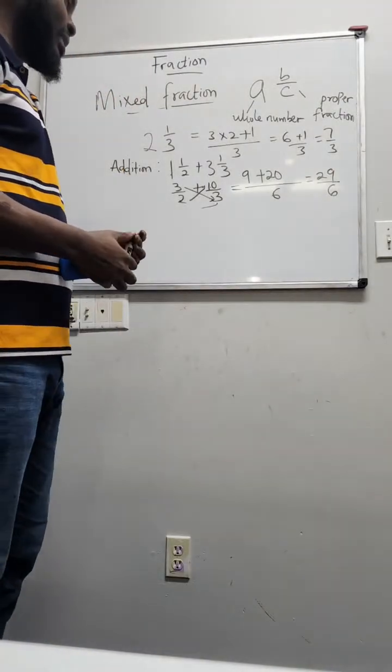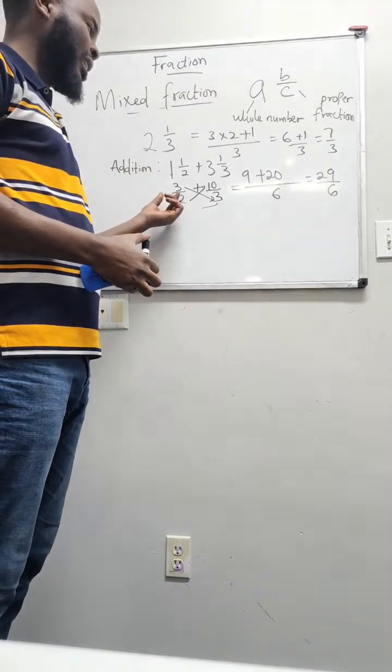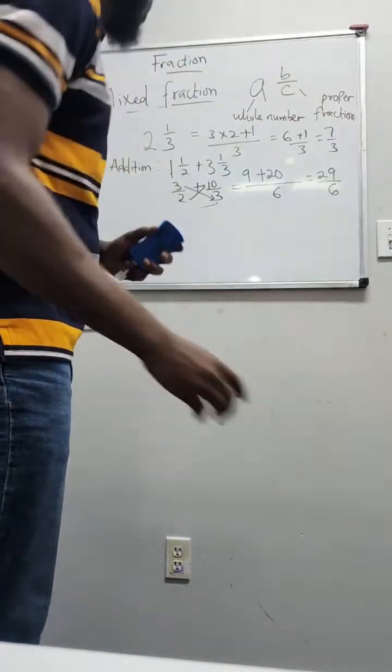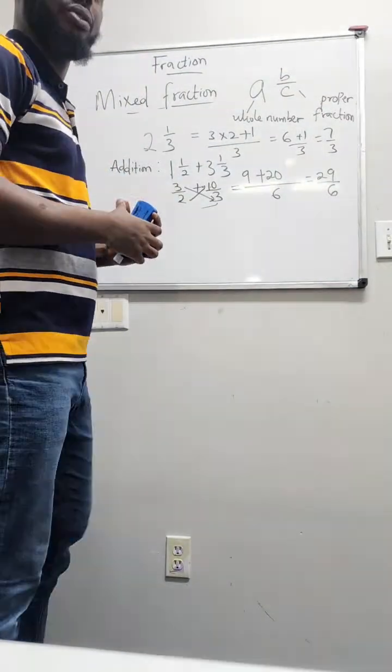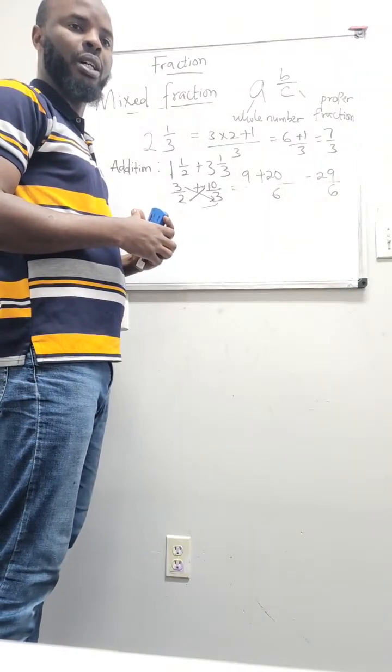So this is the method. You convert a mixed fraction to an improper fraction, and after that you solve using the rule number 2 we've talked about.